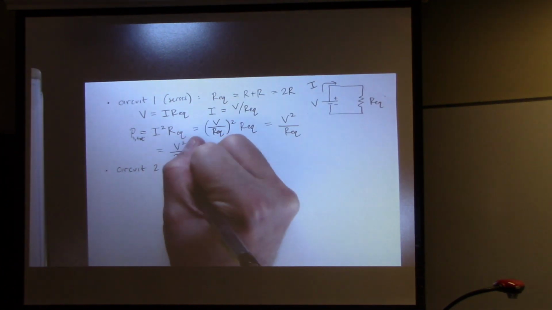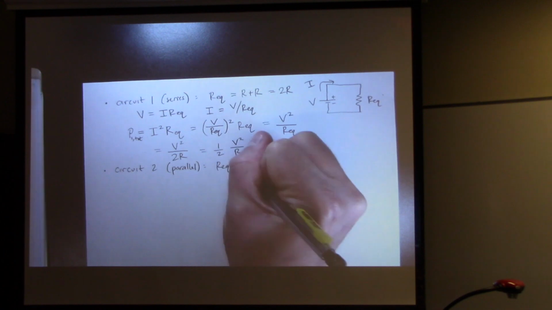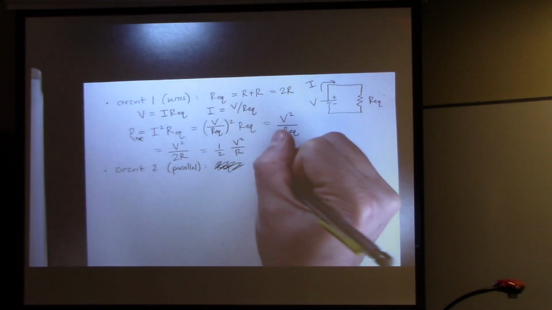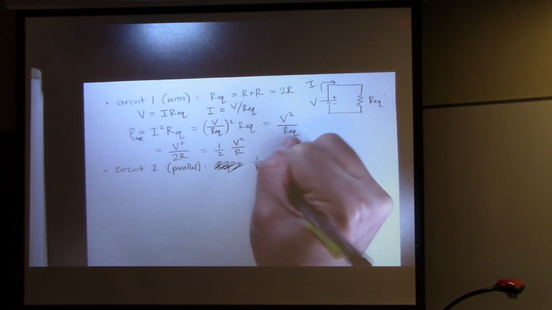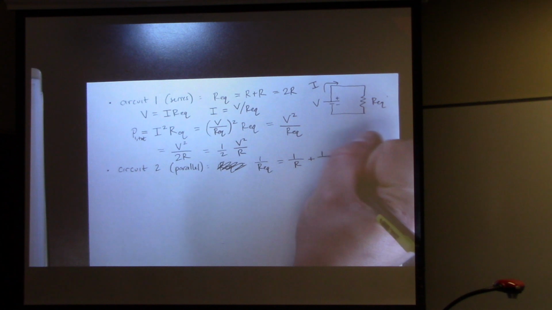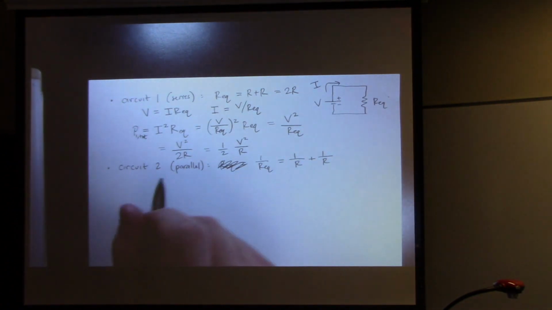which is in parallel. So the equivalent resistance for the parallel case, actually, let's write it this way. 1 divided by R equivalent is equal to 1 divided by R plus 1 divided by R. That's how I would get the equivalent resistance of two resistors wired in parallel, which is what's happening in circuit number 2.